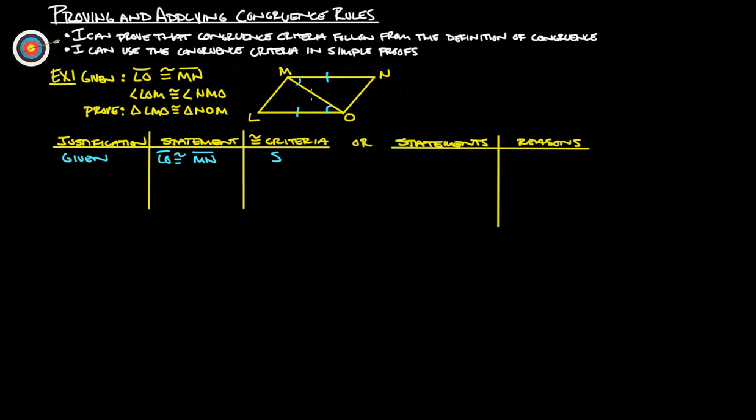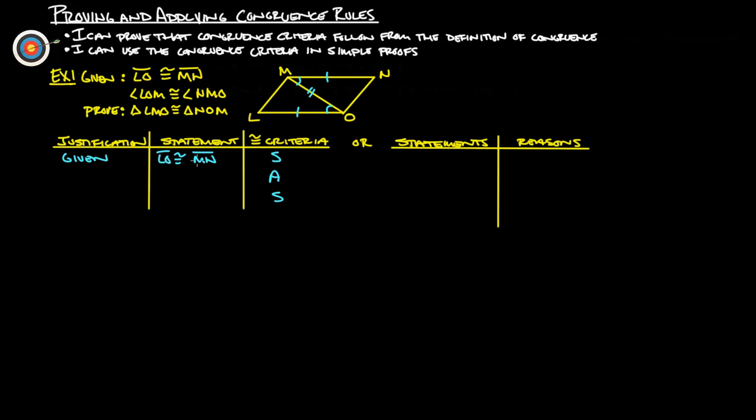Now we know right here that this MO is going to be congruent to itself, because MO is part of both of the different triangles, so MO has to be congruent to itself. So we're going to end up having side, angle, side. That's what we want to do for this type of proof here.